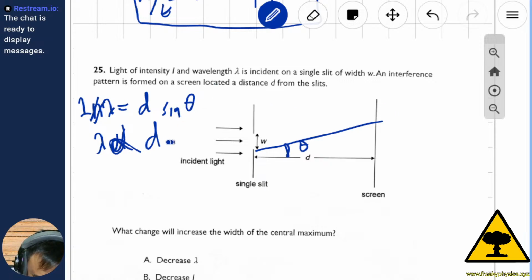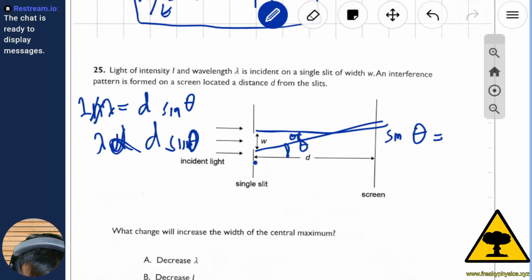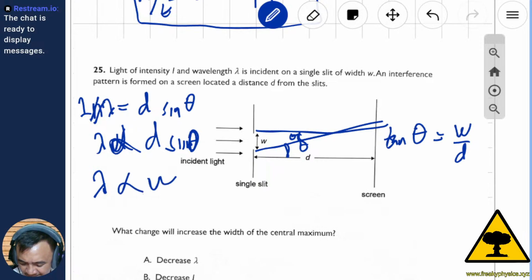But if you think about this sine theta part intuitively, theta would be here. Let's use tangent theta, which would be easier. Tangent theta would be equal to opposite over adjacent, that's w over d. So if you do this further, lambda is proportional to w, right?